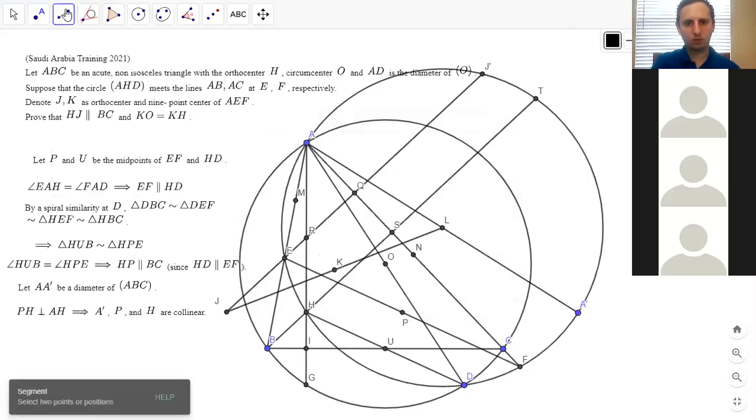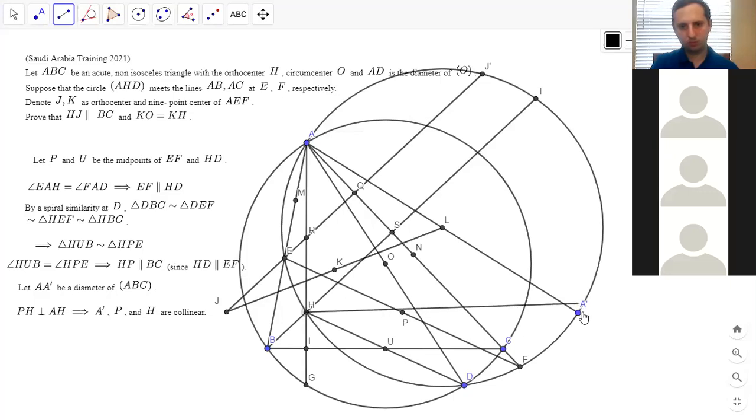And because J is the orthocenter of triangle AEF, A prime, P, and J are collinear.